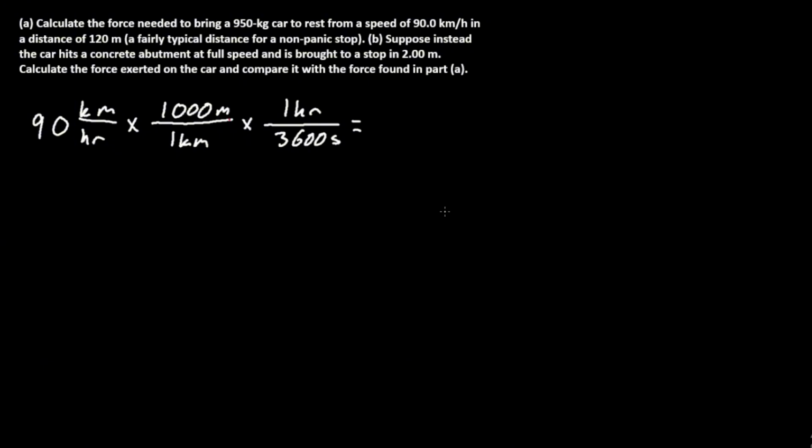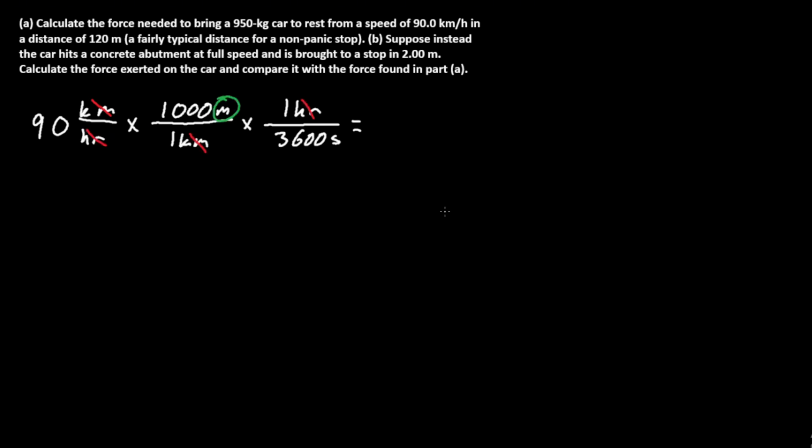For this problem, you need to calculate the force needed to bring a 950 kilo car to rest from a speed of 90 kilometers an hour. Let's do some unit conversion first. Doing this unit conversion, the kilometers cancel out and the hours cancel out.